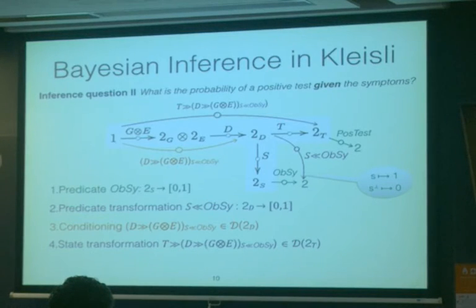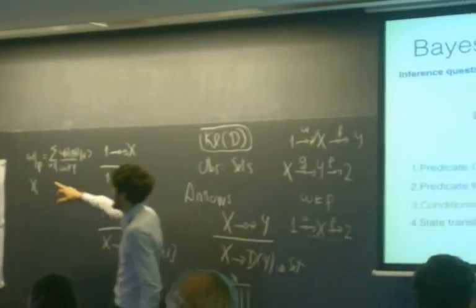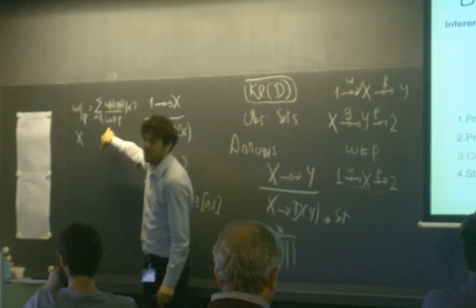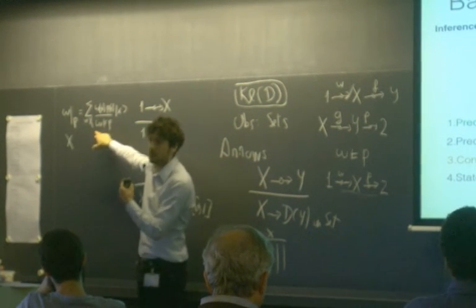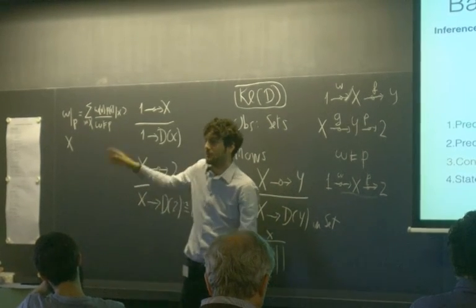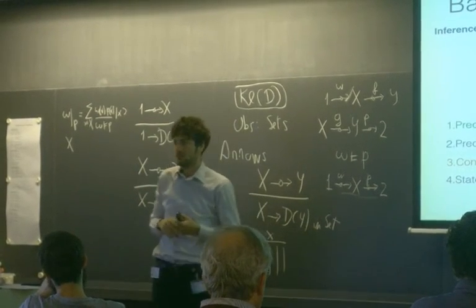You can think of it in other categories as well. A predicate is an arrow of this type. You can think of it in other categories as well. A channel, and so on. This summation is not very abstract. So this doesn't work in all categories, but there are other categories in which it works, and there is work about generalizing this as well. I'm not going in this direction, but this can be done to some generality.